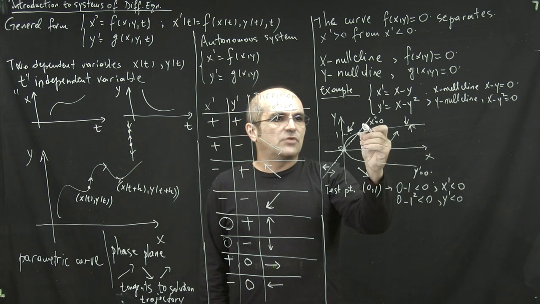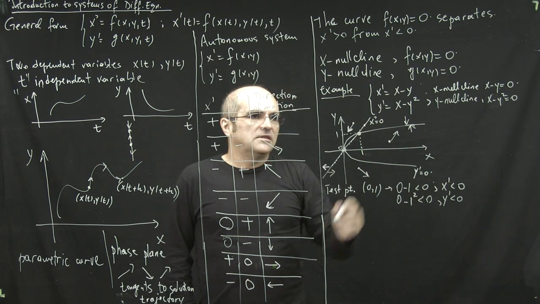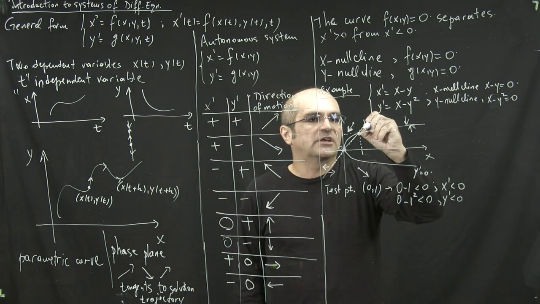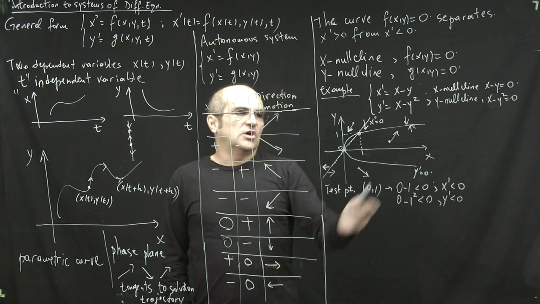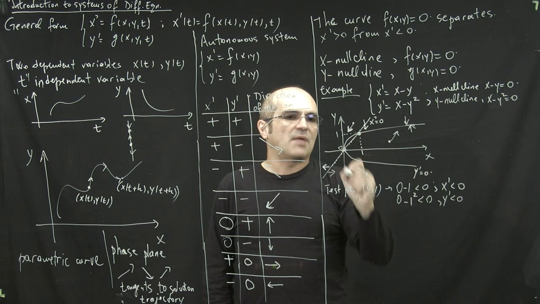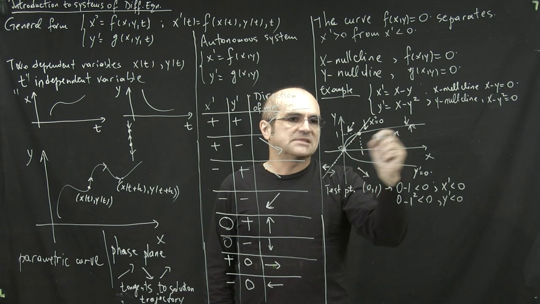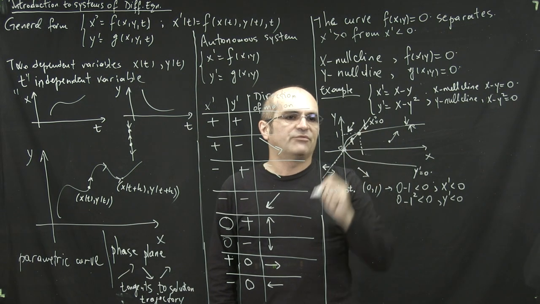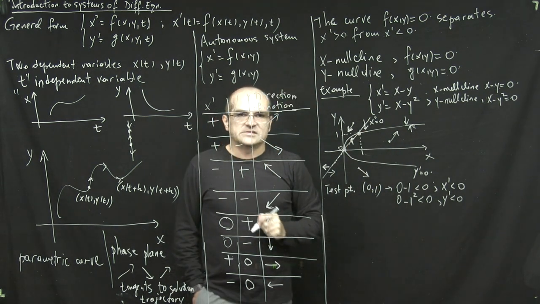So if you are right on this nullcline, the arrow will be perfectly vertical and downward because you're still above the parabola, so y prime will be negative in this area. If you're here, y prime will be positive, but it's going to be a perfectly vertical arrow because x prime is 0 there.